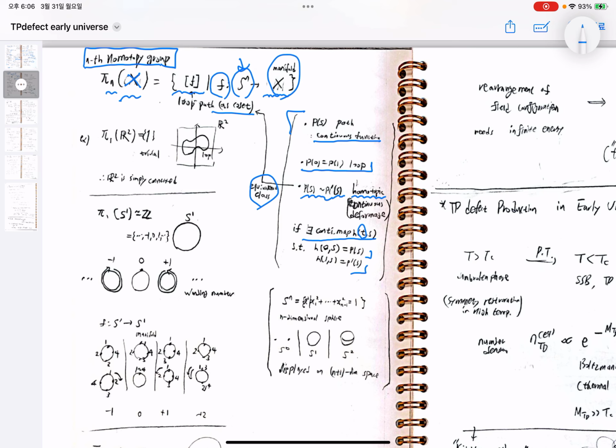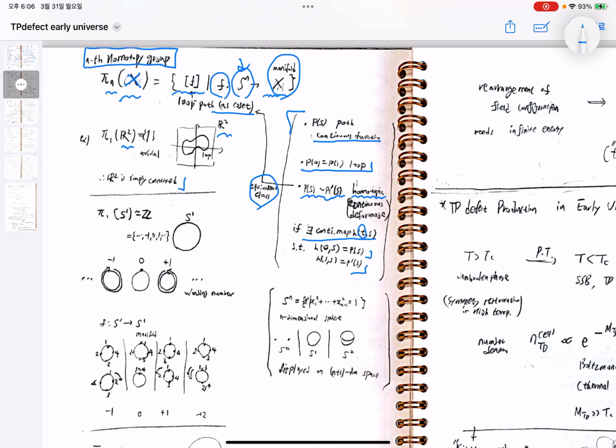For example, if we consider a very simple and trivial example, pi_1 (the first homotopy group) of R^n is trivial, because all the loops in R^n can be deformed into each other. So R^n is simply connected.